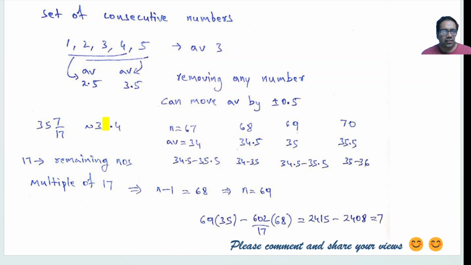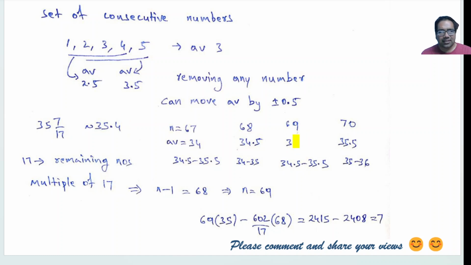Now we are given that the average of the remaining numbers is 35 7 by 17, which is roughly equal to 35.4. So if the remaining average is 35.4, just realize that the average can at max move between minus 0.5 and plus 0.5. In that case, what would be the original average?